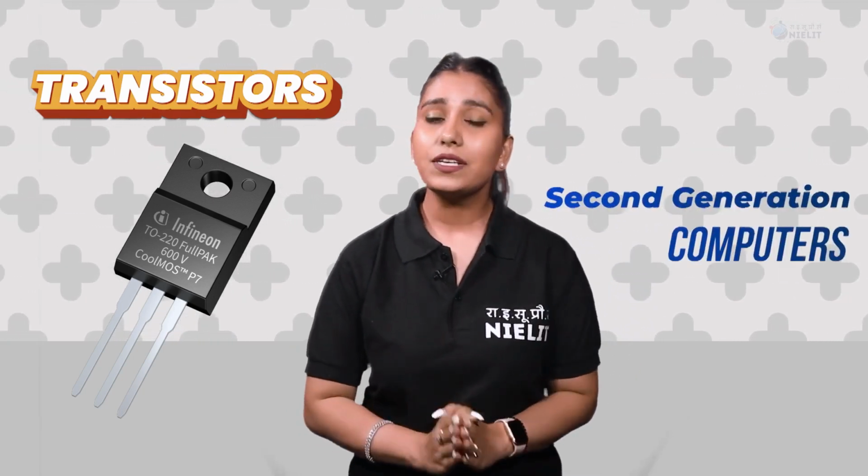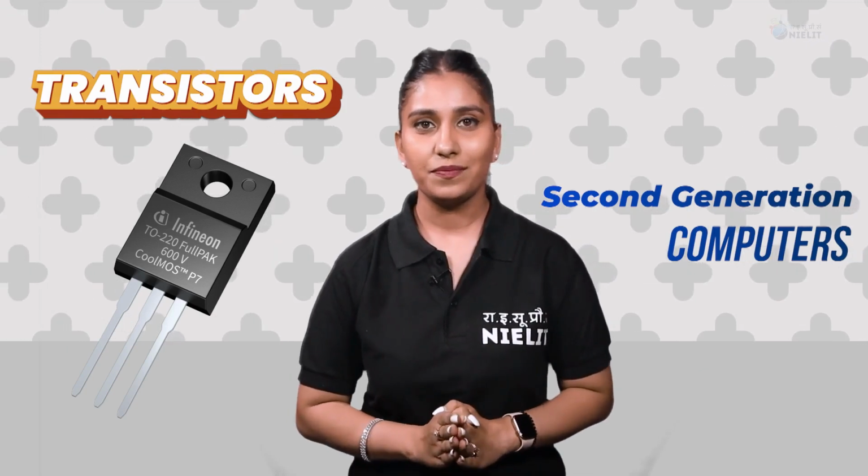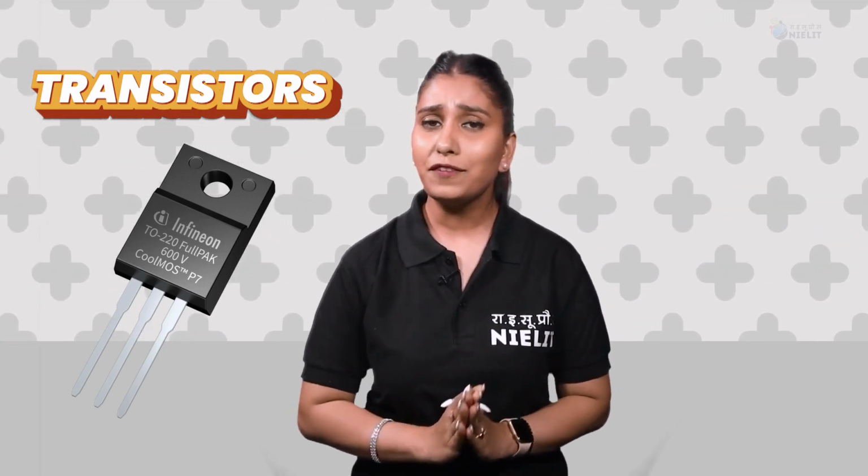Within the decade, the core technology of the computers upgraded from bulky vacuum tubes to small transistors. Thus, we received the second generation of computers. Now don't confuse these transistors with radio transistors that we use to listen to music. These are small electronic devices that can perform some basic functions.